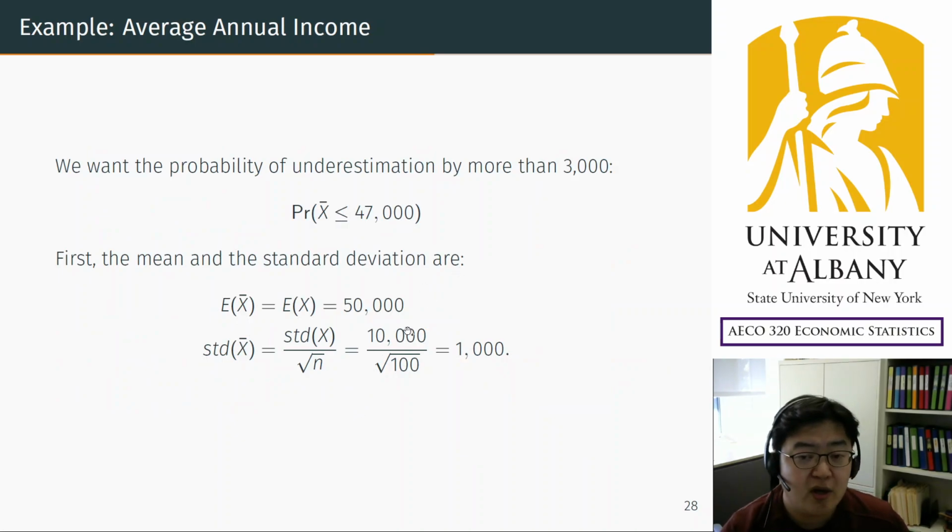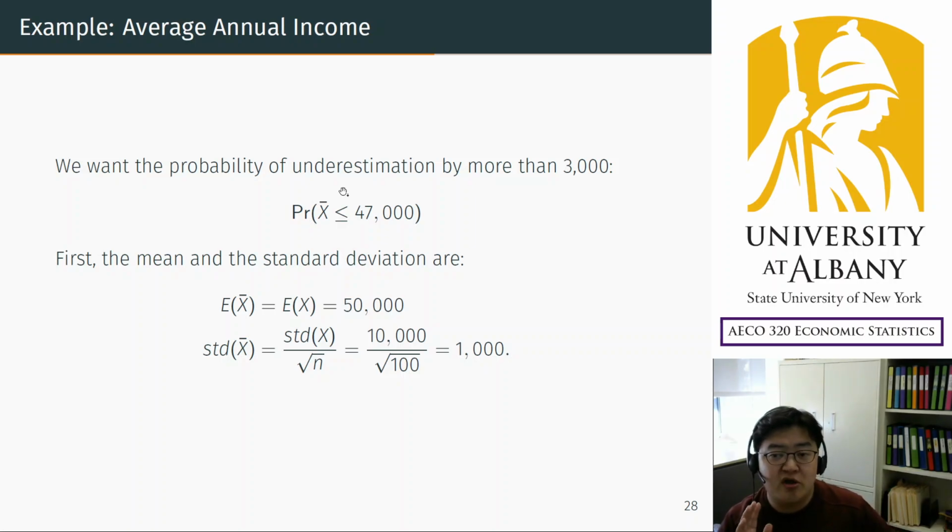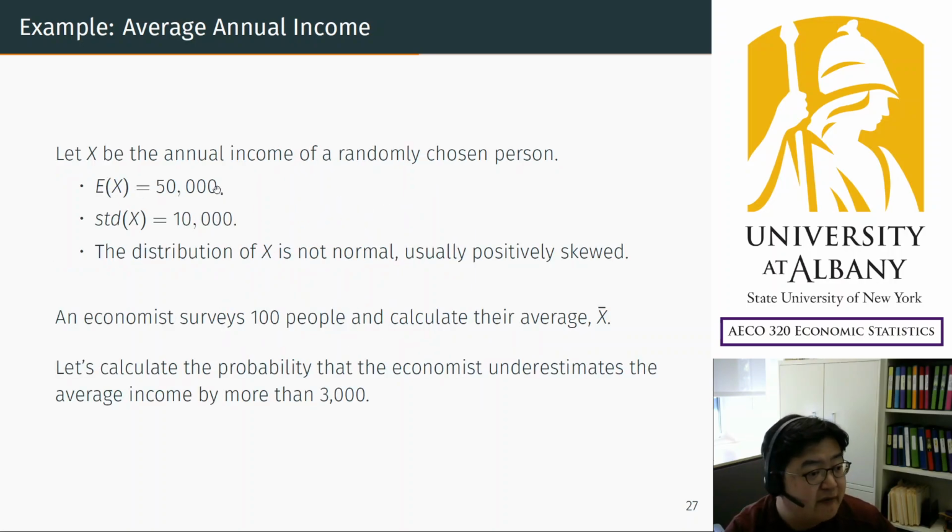We are looking for the probability that the economist is underestimating by more than $3,000. That means the economist calculates X bar, and it should be smaller than $47,000 because we know the true mean is 50,000.